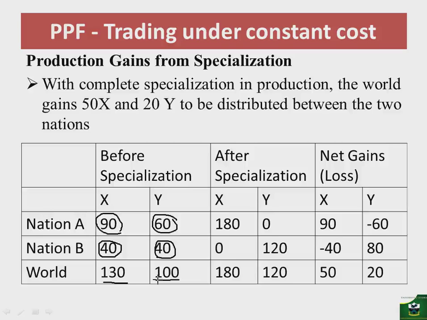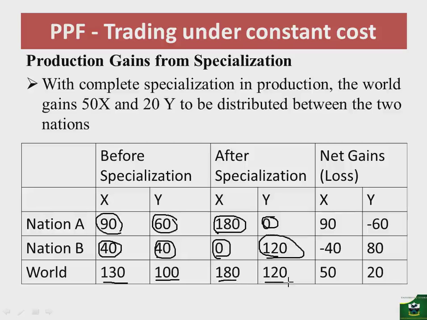After specialization, we noted that nation A will produce 180 units of X, that's at the corner, and 0 of Y, which means there is complete specialization. And nation B will produce 0 of X and 120 units of Y. If we sum up the production after specialization, we will have 180 of X and 120 of Y produced.